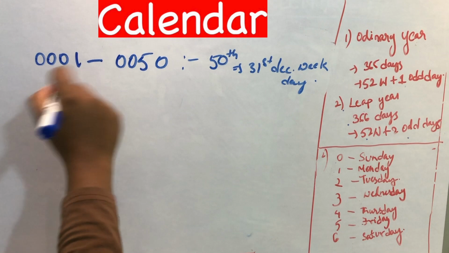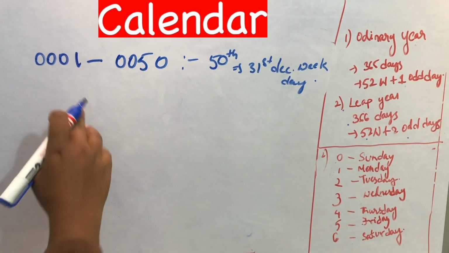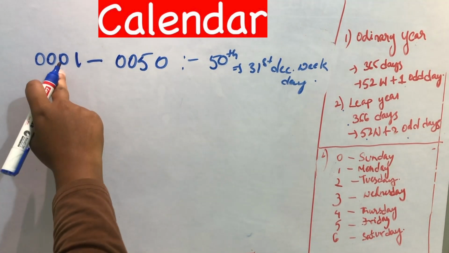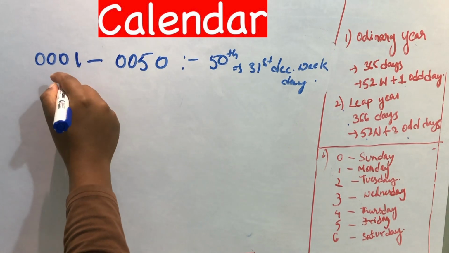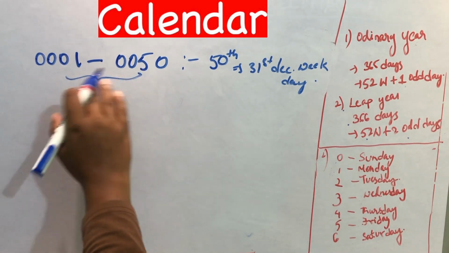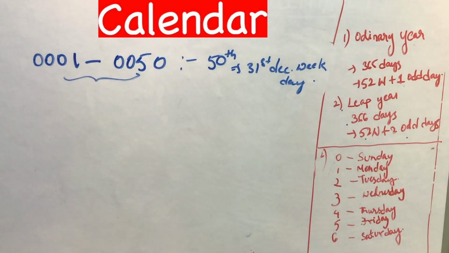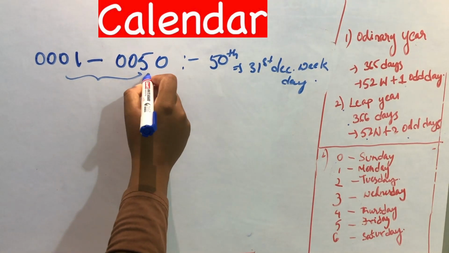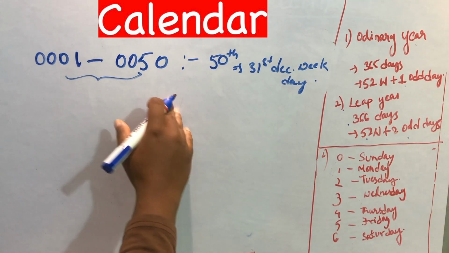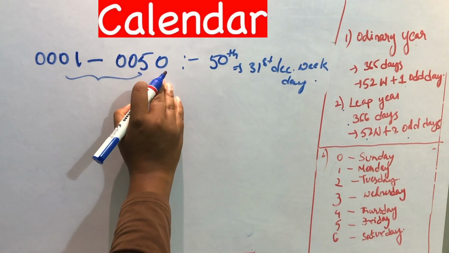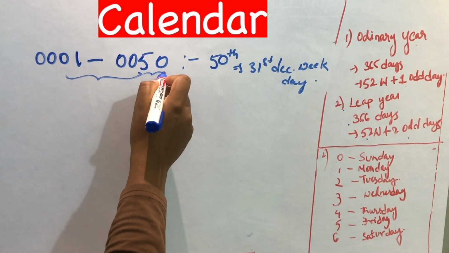Now to calculate this, first we have to check how many leap years there are in these 50 years. To check if it is a leap year or not, first we have to check if this is a century year or not. So this is definitely not a century year.